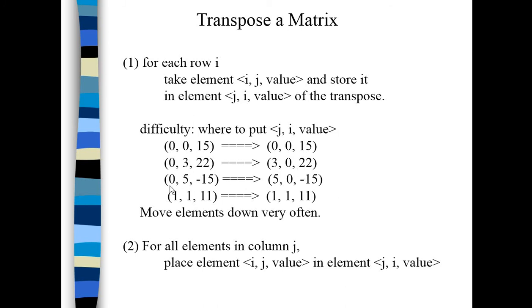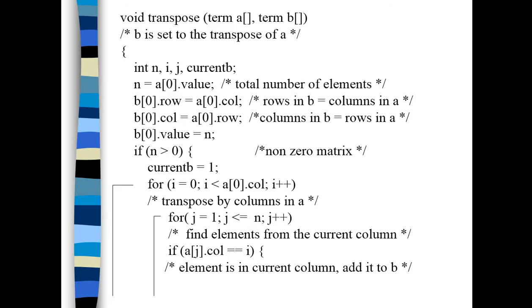In the same way, 0th row 5th column minus 15 means in the 5th row 0th column minus 15 will be stored. So how can we generalize? In ith row jth column if a non-zero value is there, then in the jth row ith column after transposing the non-zero value will be stored.